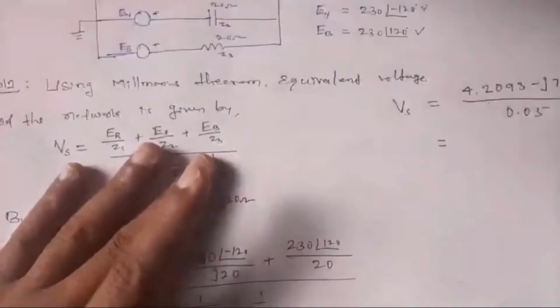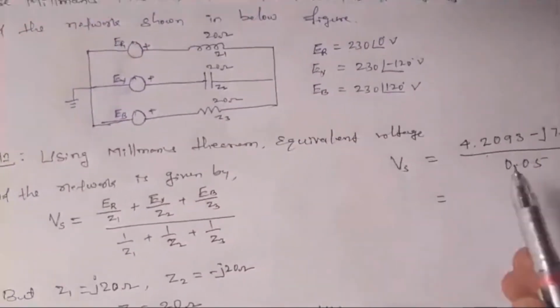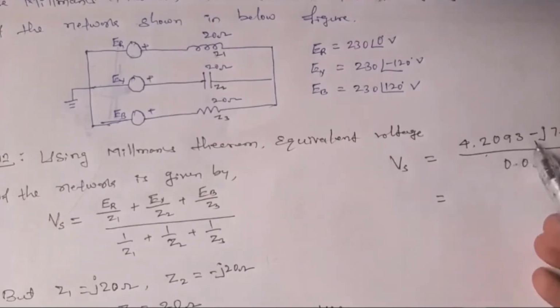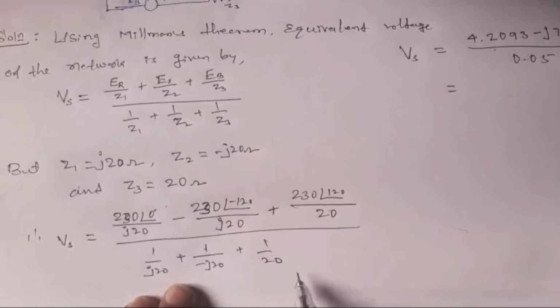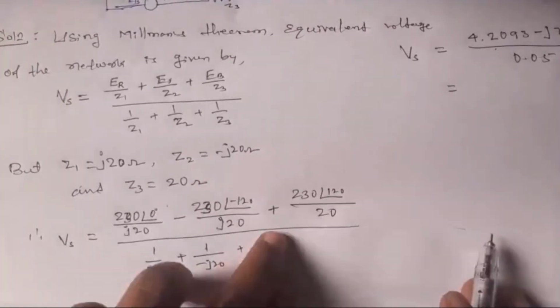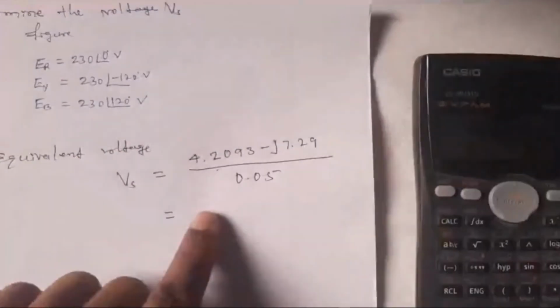See, I just calculated the numerator and we got 4.20993 minus j7.29, and the denominator I have calculated, so this plus j20 minus j20 both will get cancelled, we'll get 1 by 20, which is equal to 0.05, and this I'll further reduce.